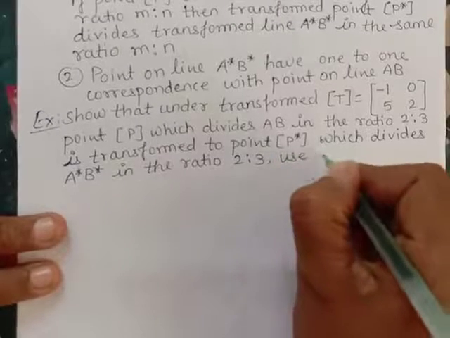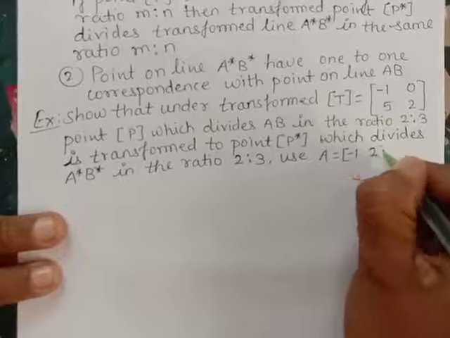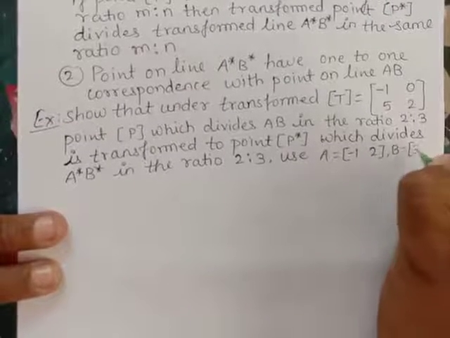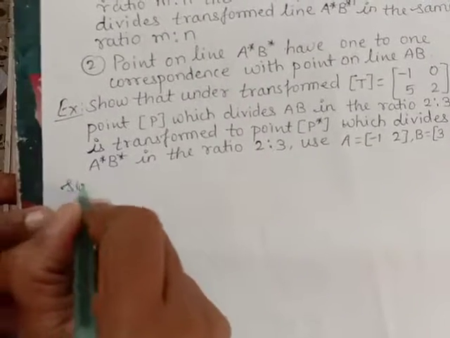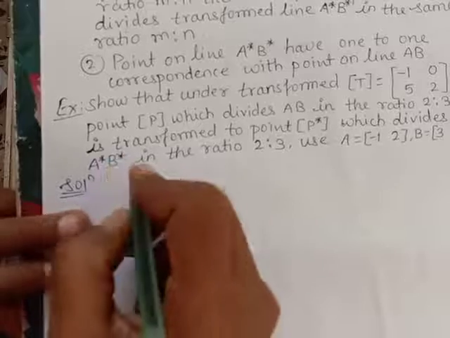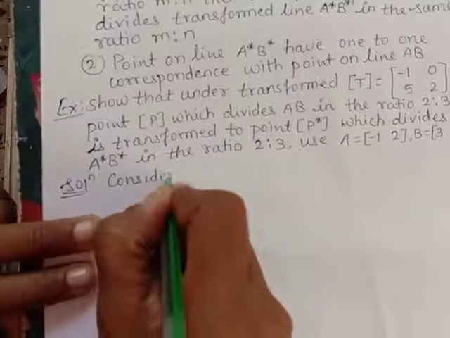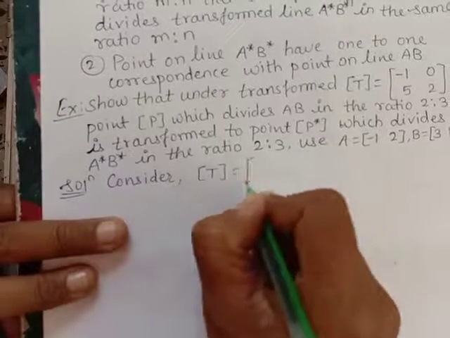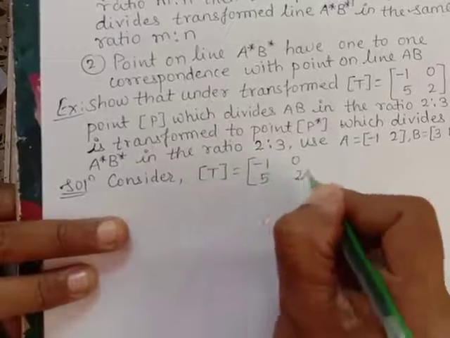Use A (-1, 2) and B (3, 1). Solution. Consider T, which is given to us actually, as [-1 0; 5 2].